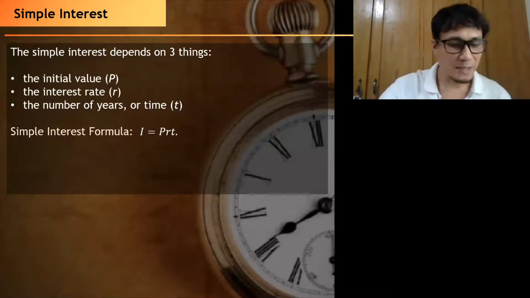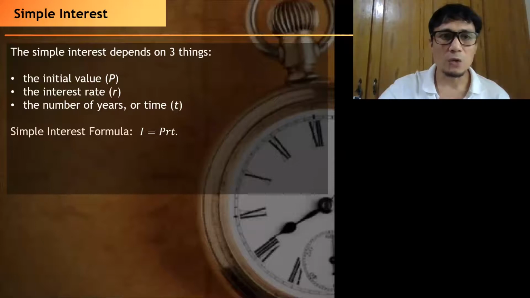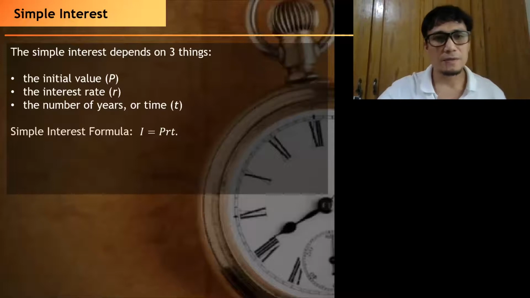Now, if you are interested to determine the total amount, okay, that means that you want to know what is the total money you have, no, after a certain time T, when P is being invested, then that means that you only need to add the principal amount, P, to the interest earned after T time.